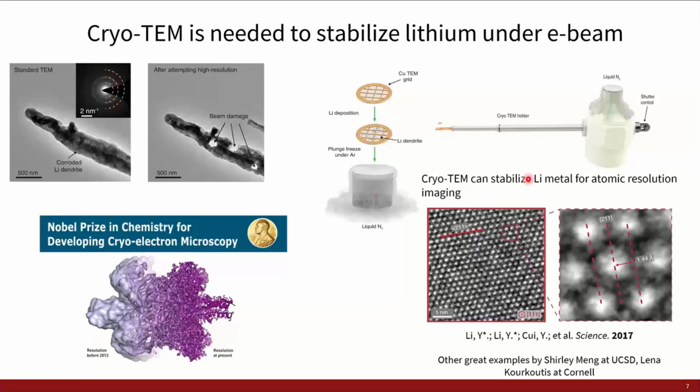But with the cryo holder, not only do you have very good corrosion resistance for your sample, simply because it's held at liquid nitrogen temperatures and you're going to kinetically impede any oxidation or corrosion reactions, but once it's in the column, your sample is stabilized at liquid nitrogen temperature, which greatly reduces your mass loss and beam damage, which allows for high resolution imaging like the image shown here.